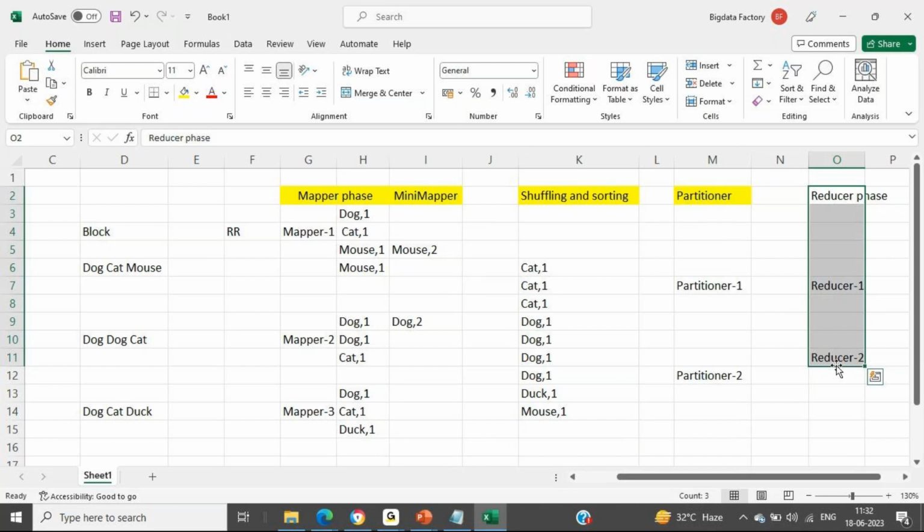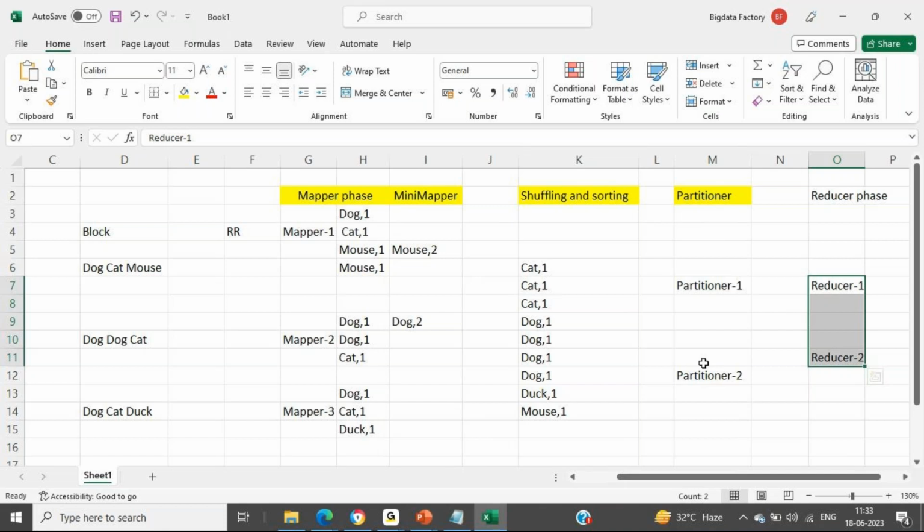Is there any way so that the reducer can be removed from this particular job? You need to think in that way that you can have a reducer-less job. Sir, the Minimapper is also working for dog one, cat one, not only for mouse one.